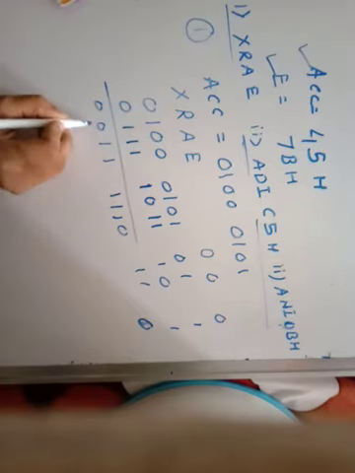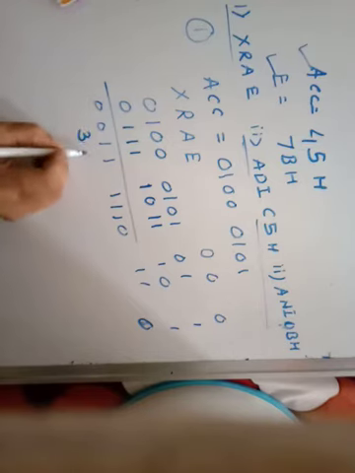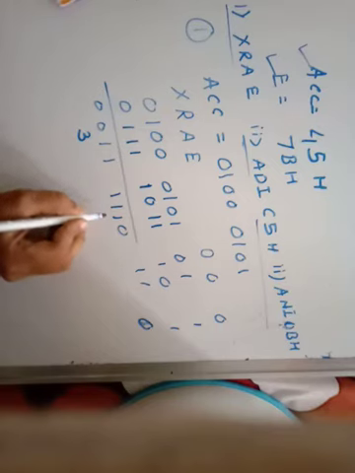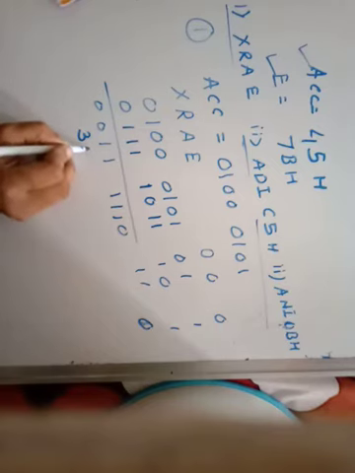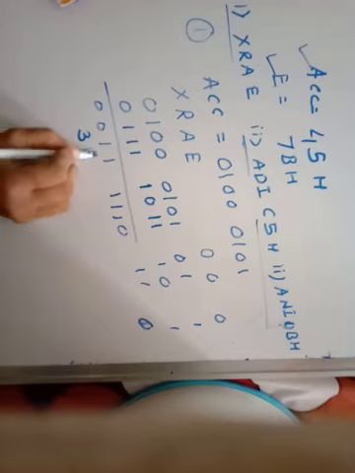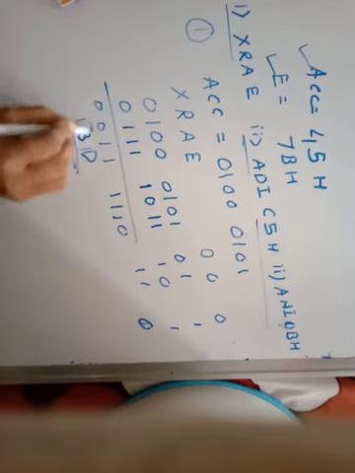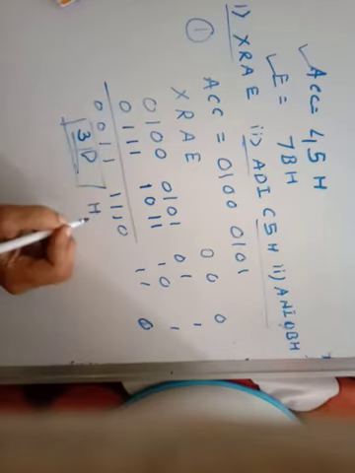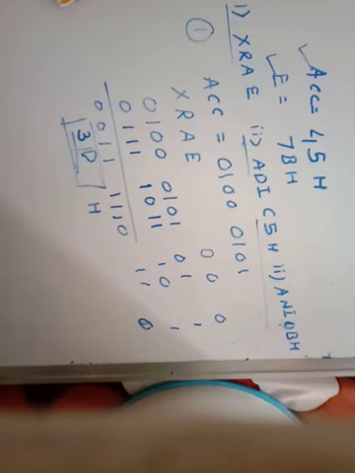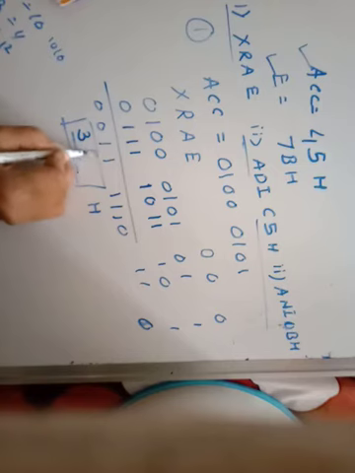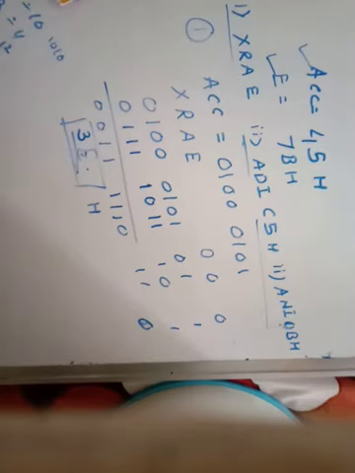So it is nothing but the 3, and 14, that is E. Sorry, it is E, it is not D. So this is the first answer, 3EH, after the execution of this instruction.